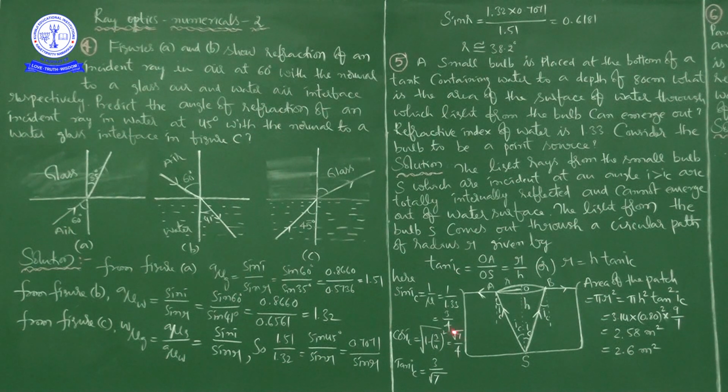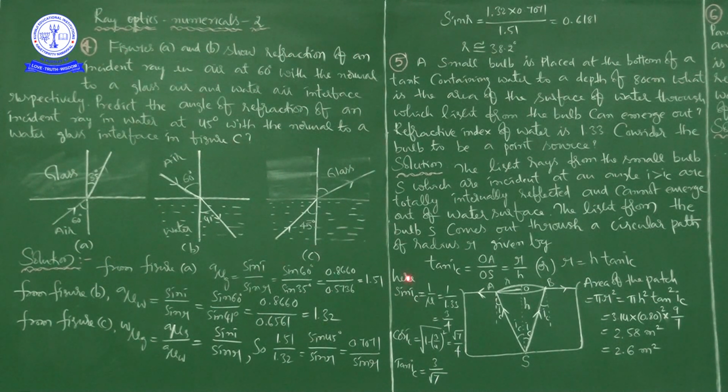If you know sin i_c, then you can find cos i_c, because sin square theta plus cos square theta is equal to 1. So cos i_c is equal to square root of 1 minus sin square i_c. So the result is cos i_c is equal to square root of 7 by 4.